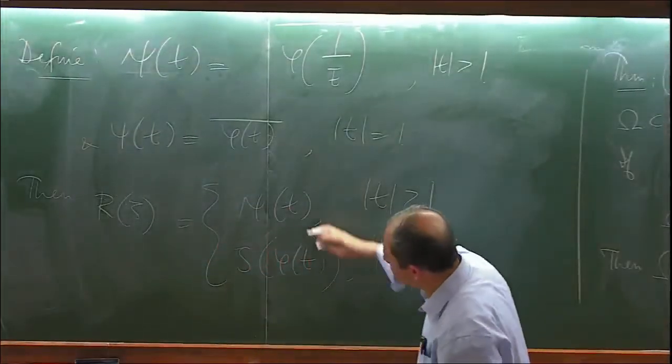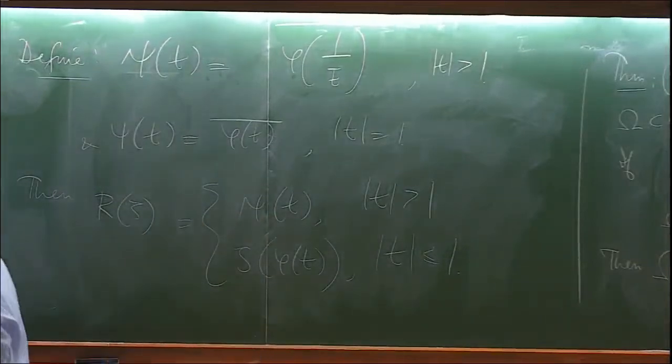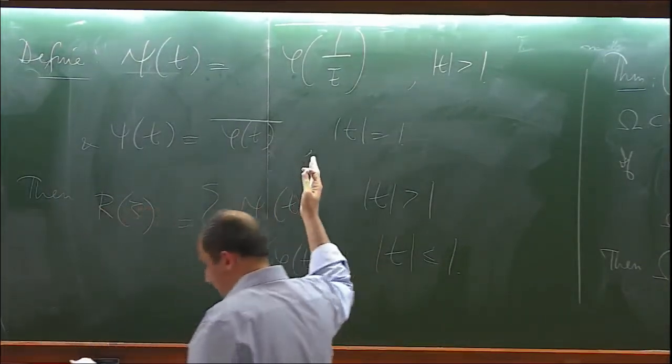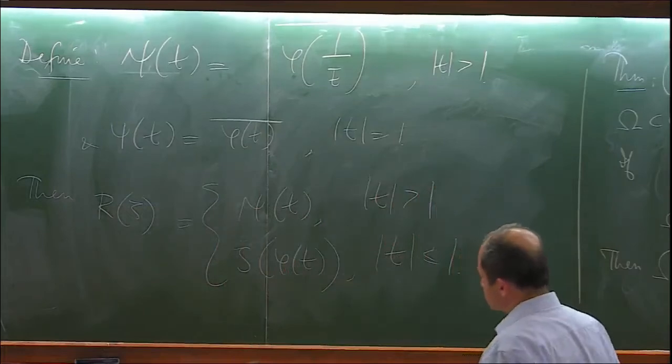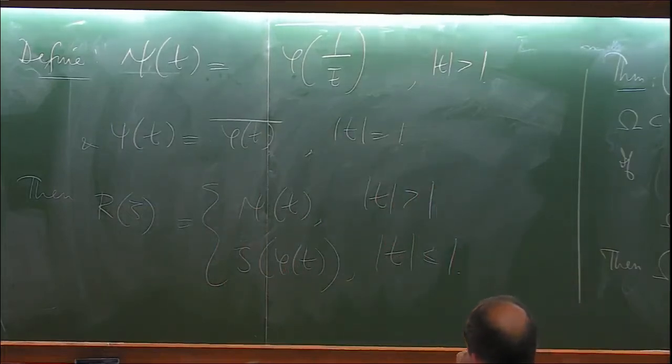So the patching again happens because the boundary is real algebraic and they agree there. So this is the holomorphic function and it has poles. Where are the poles of this guy?